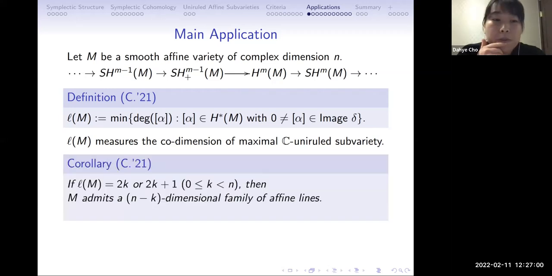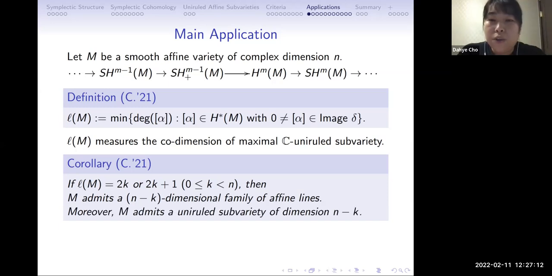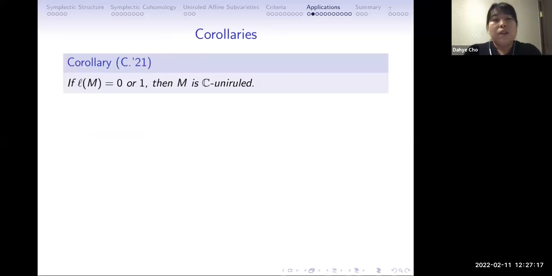For example, if L is 2k or 2k plus 1, then the affine variety admits an n minus k dimensional family of affine lines, or uniruled subvarieties. If L is 0 or 1, then our affine variety is uniruled.